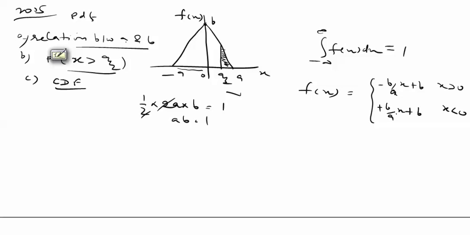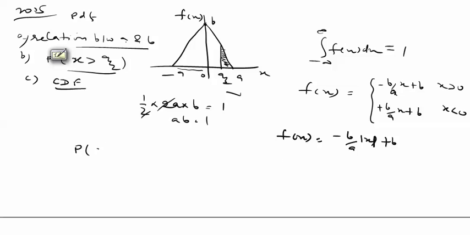Now f(x) is defined as minus b by a mod x plus b. We put it into the formula and get ab equals 1.